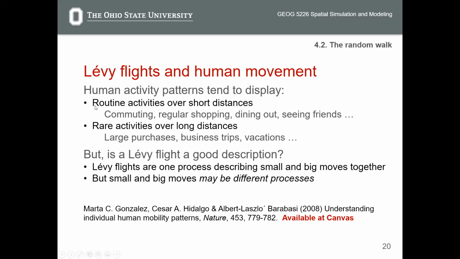So you can see the properties of these two types of movements are different. The first is necessary. The second, some of those rare activities, long leaps, might not be necessary. Levy flights can simulate these activities, no matter routine or rare ones. But behind these activities, the explanation and motivations could be different. Be careful with that.